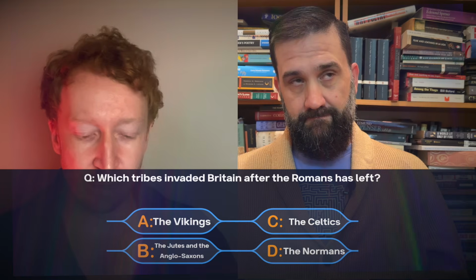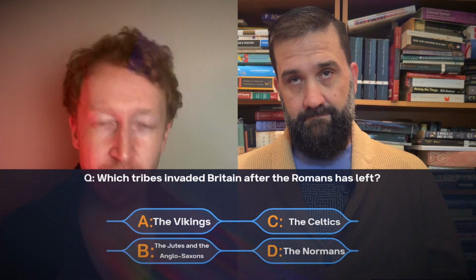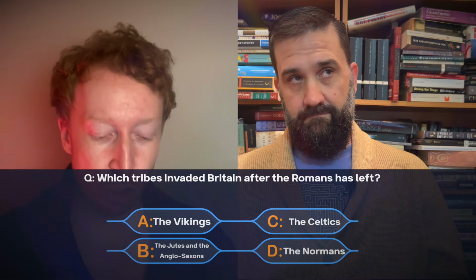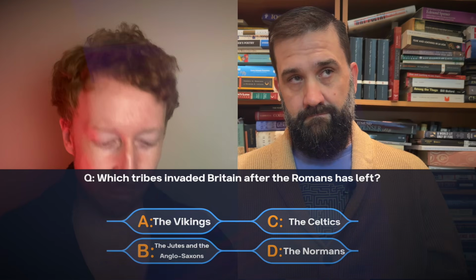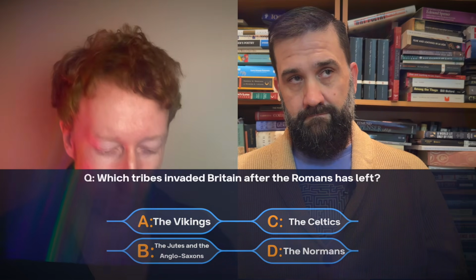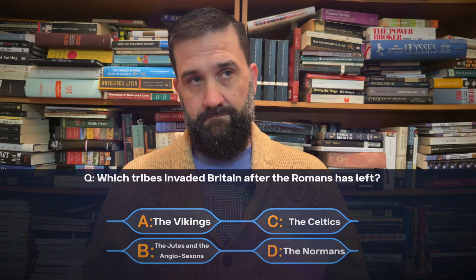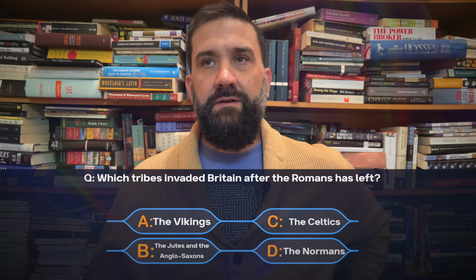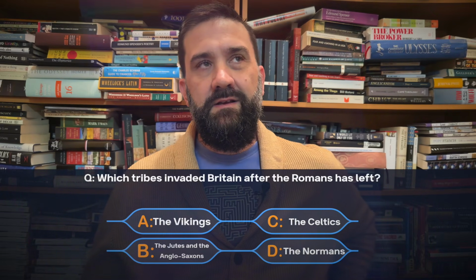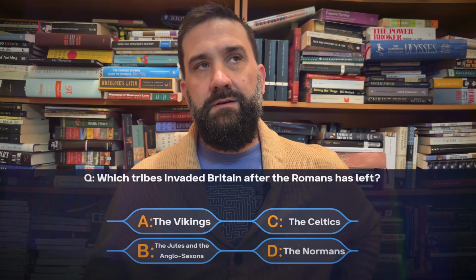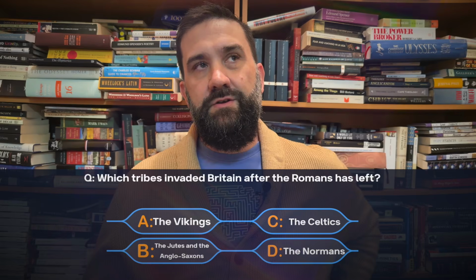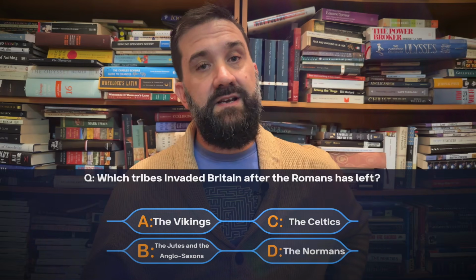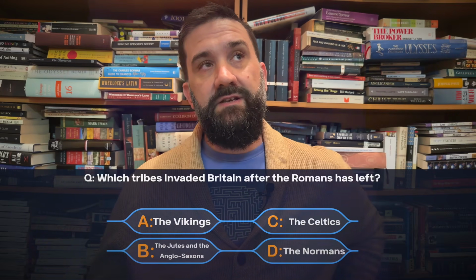Which tribes invaded Britain after the Romans had left? Was it the Vikings, the Jutes and the Anglo-Saxons, the Celtics, or the Normans? What's throwing me off here is tribes. Because the Norman invasion was in 1066, the last time your great island suffered an invasion.